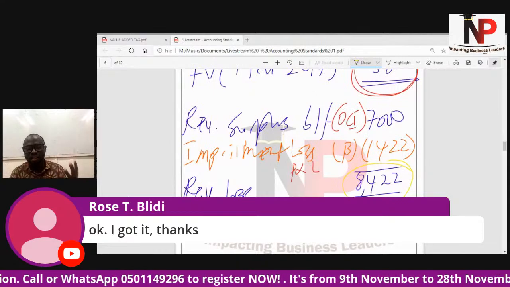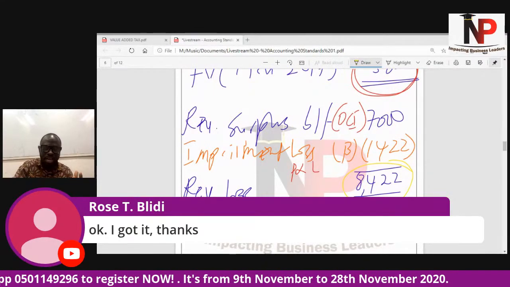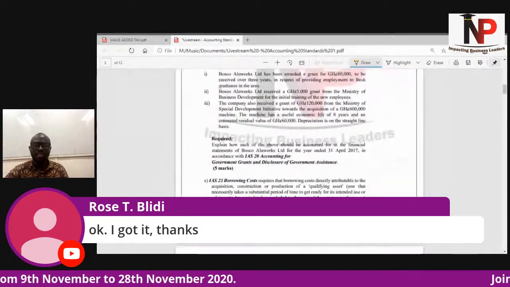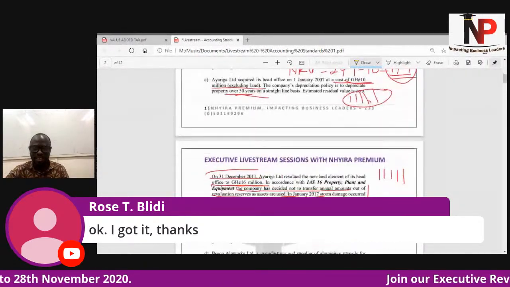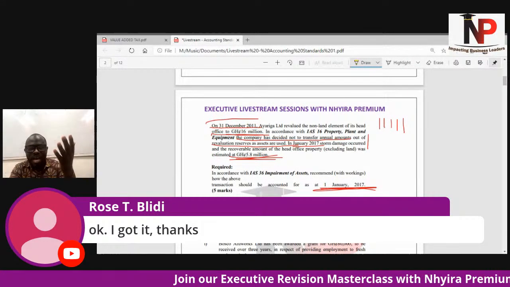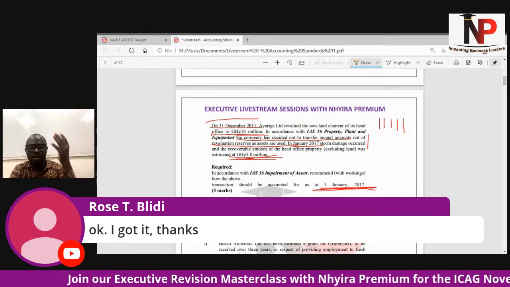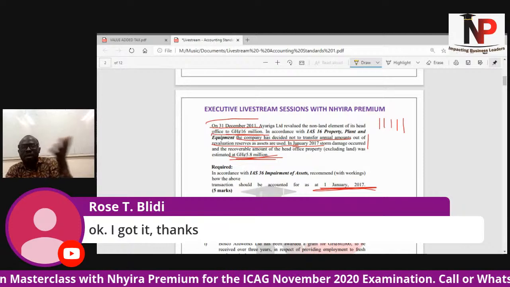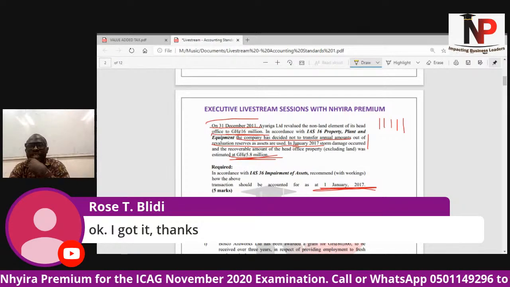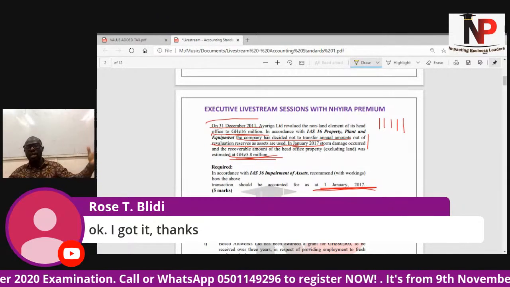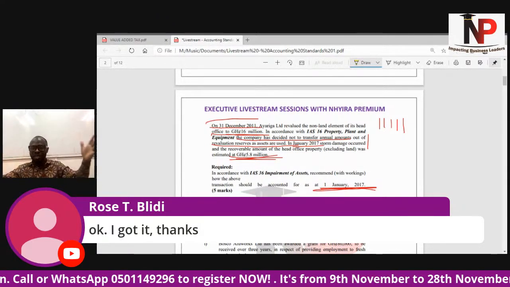So look at what is happening in this requirement, to be specific. In this requirement, the examiner said impairment, IAS 36. But you know that you are really doing IAS 16 here. Yes, there is some impairment there, but really we're doing IAS 16. So you've got to be careful about it. You see that the accounting standards are coming together.